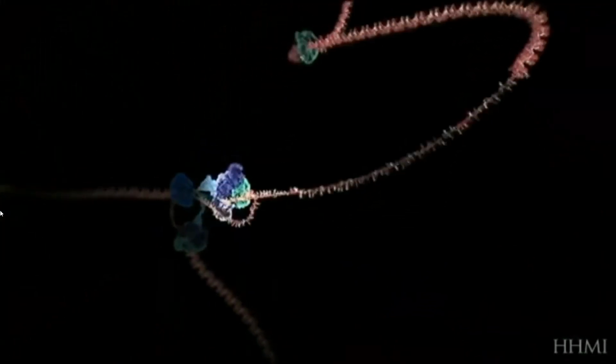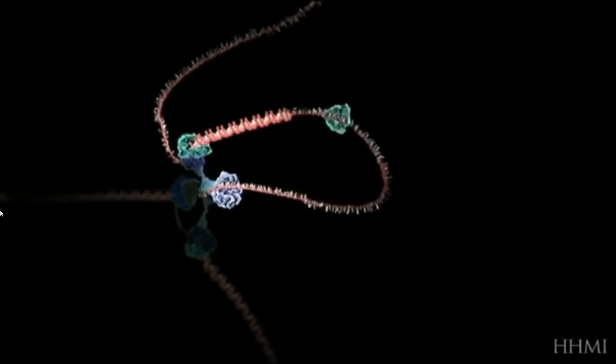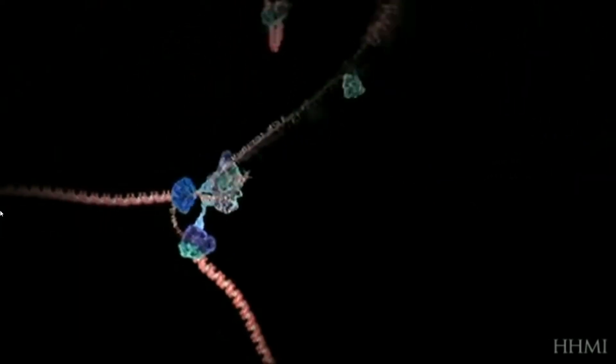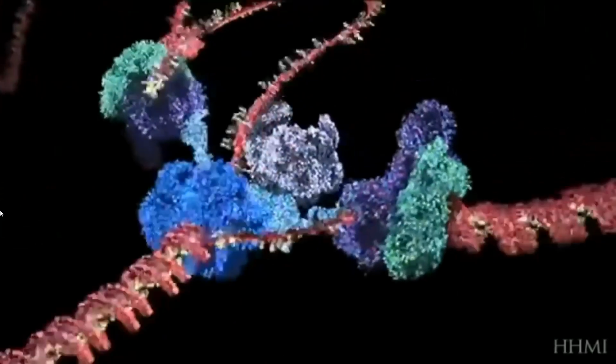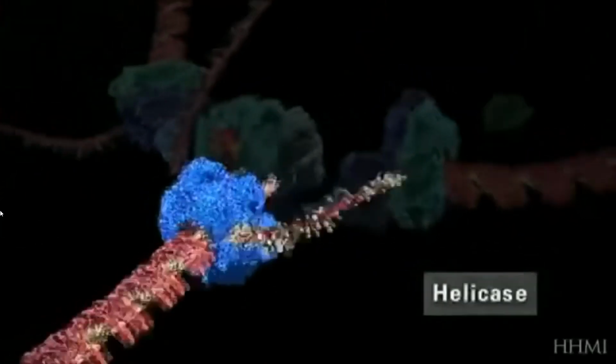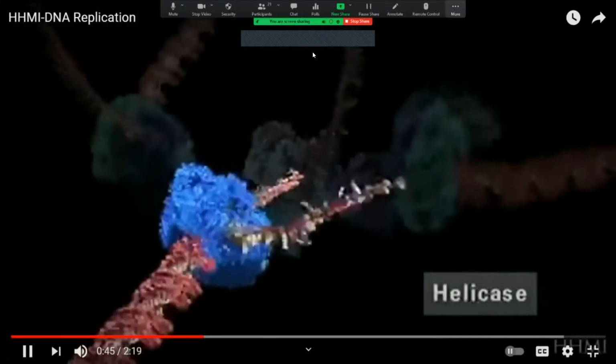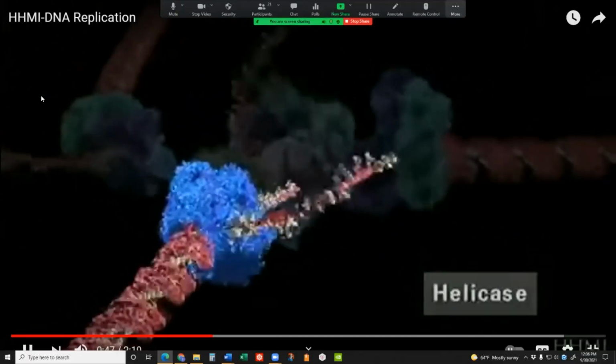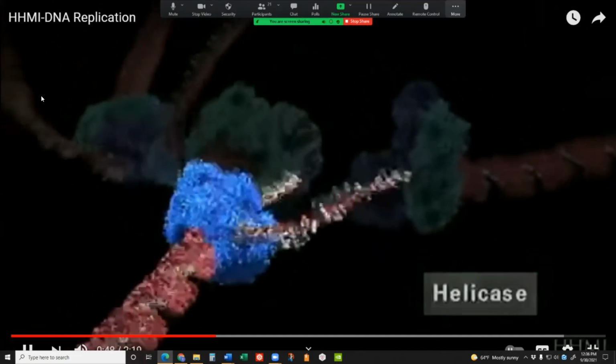Here, the DNA to be copied enters the complex from the left. One new strand is leaving at the top of frame, and the other new strand is leaving at the bottom. The first step in DNA replication is the separation of the two strands by an enzyme called helicase. This spins the incoming DNA to unravel it at 10,000 RPM in the case of bacterial systems.